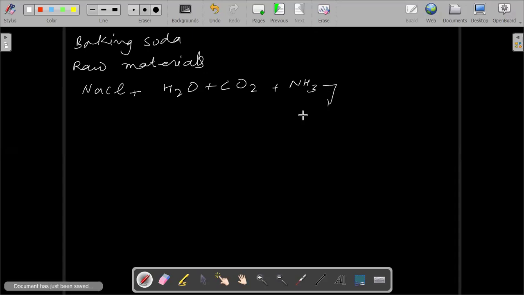So this leads to the formation of ammonium chloride plus NaHCO3. NaHCO3, sodium hydrogen carbonate, is sparingly soluble in water. Sparingly means it is lightly soluble in water. All right, so this is the reaction for the manufacturing of baking soda. This is our baking soda.